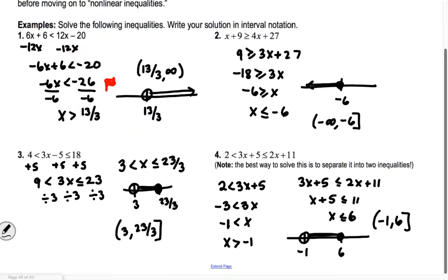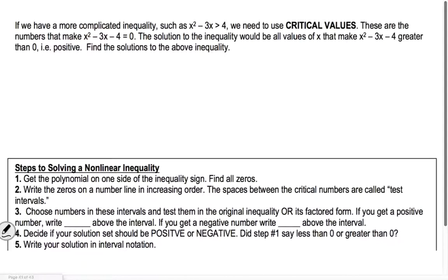Still feeling pretty good about these? Not too bad. All right, so let's move on to some of these more complicated ones, like these nonlinear inequalities. So it says if we have a more complicated inequality, such as x squared minus 3x is greater than 4, we need to use critical values. So I first get everything on one side and set it greater than 0 in this case.